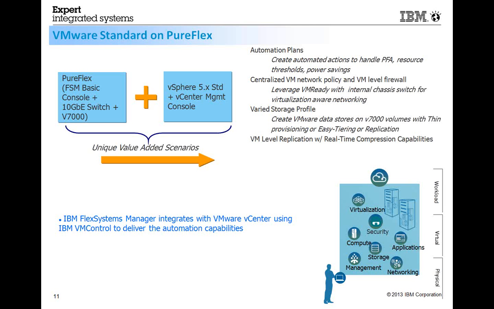You can do power plans, right? You're able to do centralized VM network policy and VM level firewall, leveraging network virtualization, integrating with VMware Standard Edition. You can create varied storage profiles on the V7000 with thin provisioning or easy tiering.